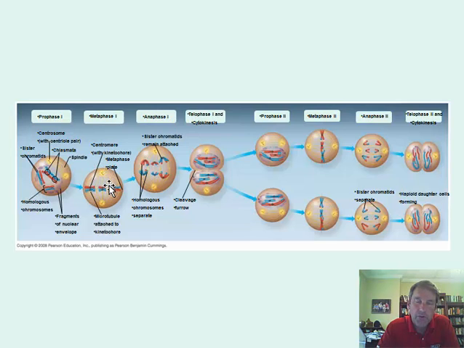The homologous chromosomes separate apart, and 23 of them go over here, and 23 of them go over here. And so at the end of telophase, in cytokinesis, we have a cell that has 23 chromosomes in it right here, and a cell that has 23 chromosomes here.